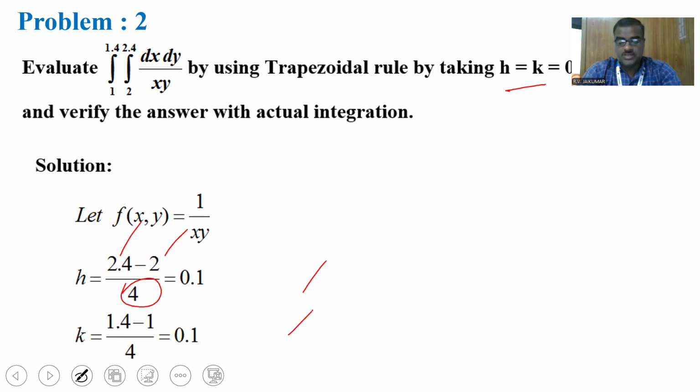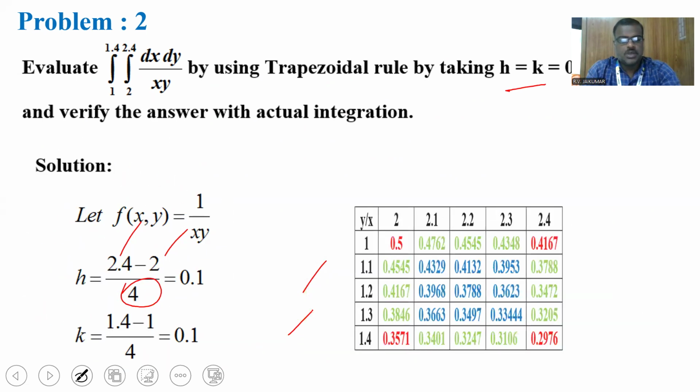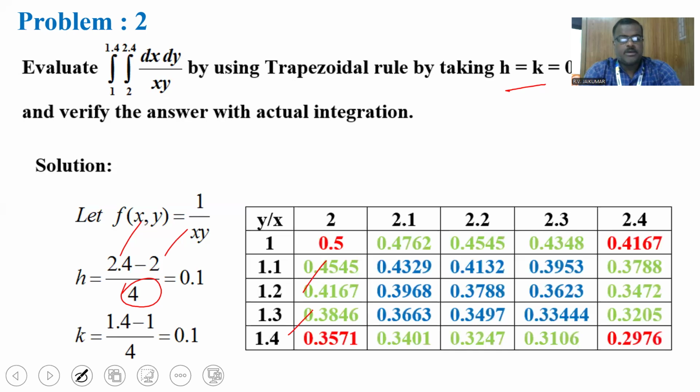Okay. So the first thing is to calculate the table value. I told you, you should start with the lower limit and end up with upper limit. And here I've represented x in columns. There are 5 columns in it.